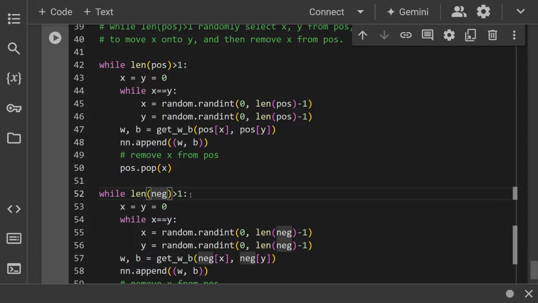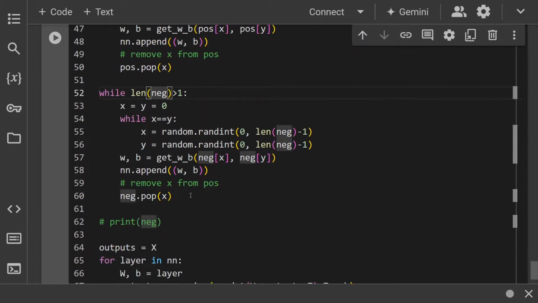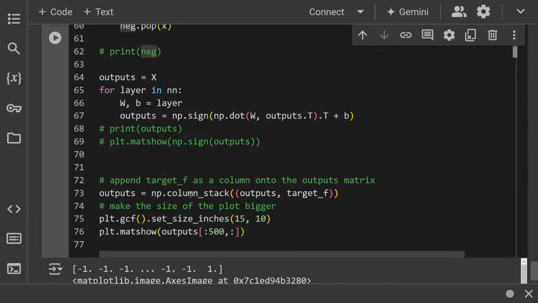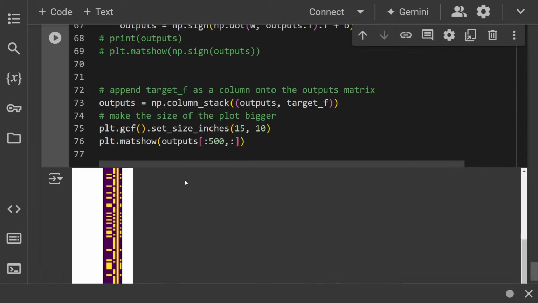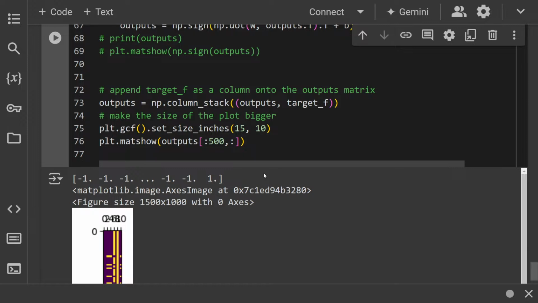You don't strictly have to do it for the negatives, but we did. And so then you have an exponentially large neural net that computes an arbitrary Boolean function. It's exponentially deep, an exponential number of layers.